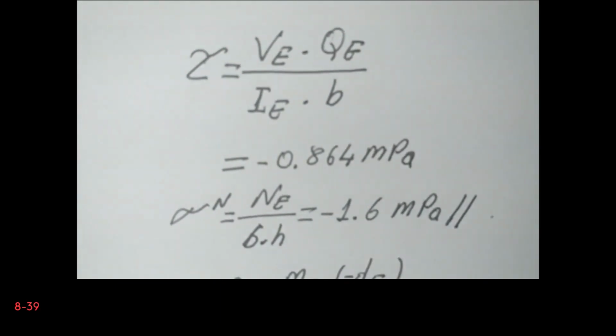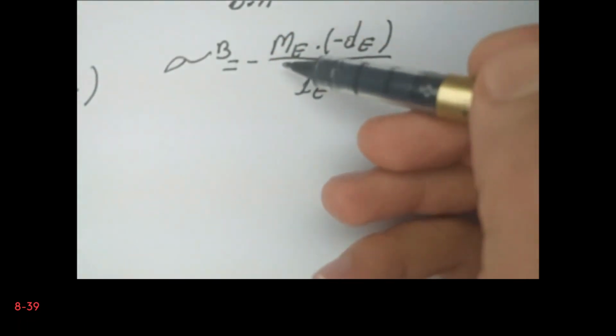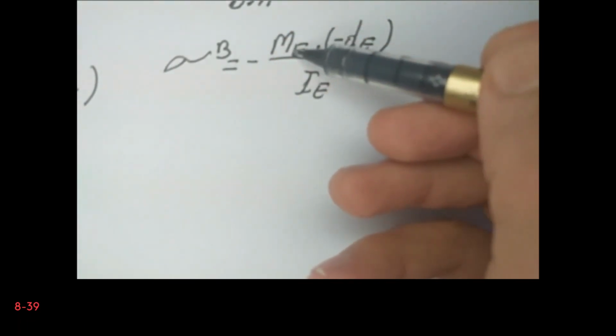So again, let me repeat it once more. We have the bending moment ME times minus DE, because we put the axis in bending on the neutral axis.